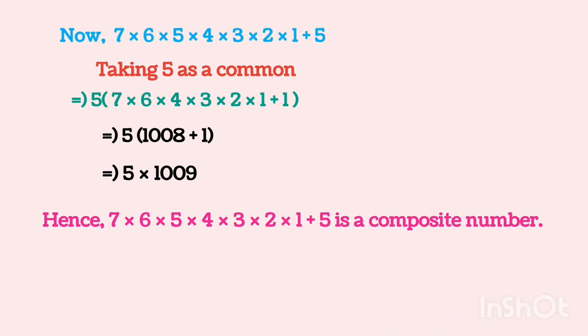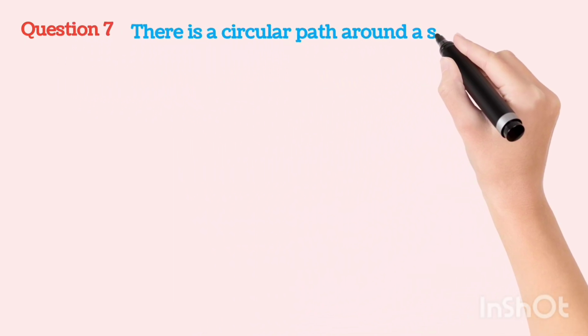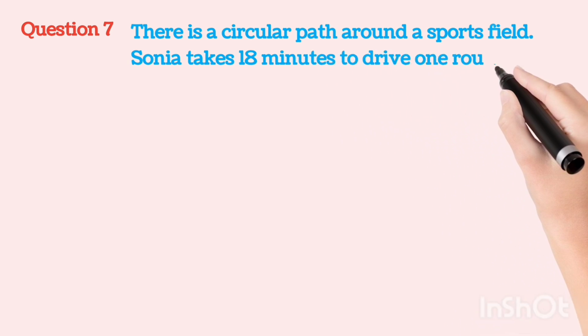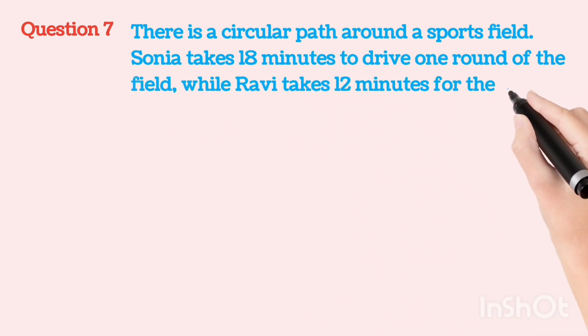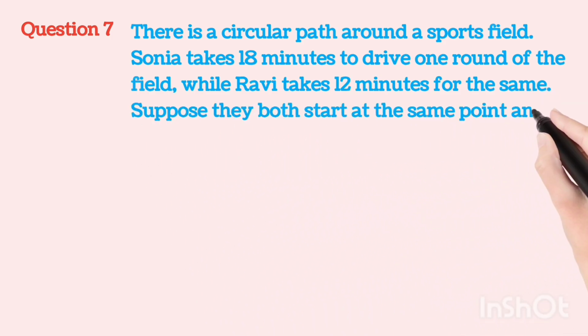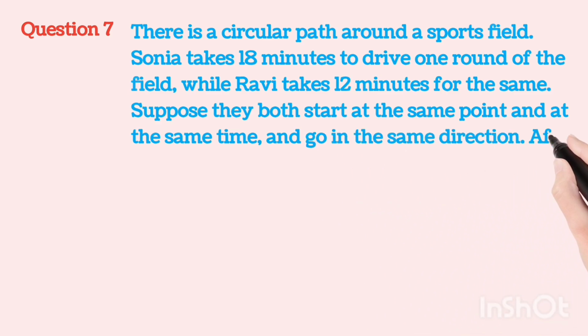Question 7. There is a circular path around a sports field. Sonia takes 18 minutes to drive one round of the field, while Ravi takes 12 minutes for the same. Suppose they both start at the same point and at the same time and go in the same direction.